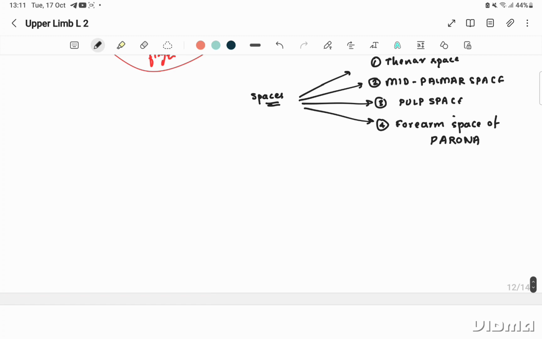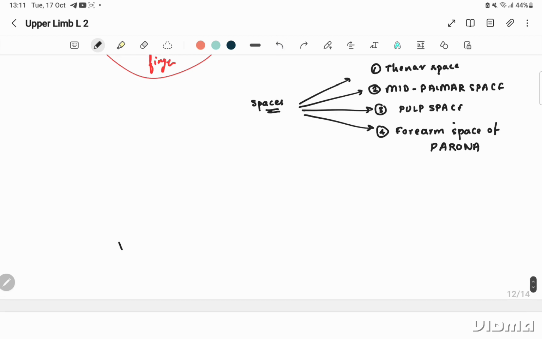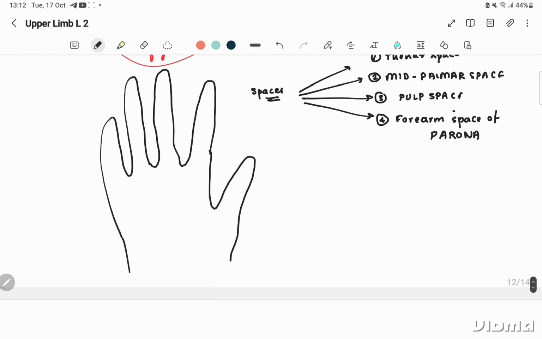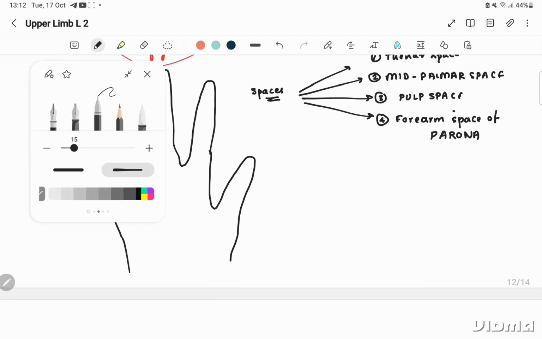Let me draw the bursas first. We have some bursas in the hand. Let's say this one is the little finger, ring finger, middle finger, the index finger, and this. So we have the tendons of FPL, FDS and FDP.